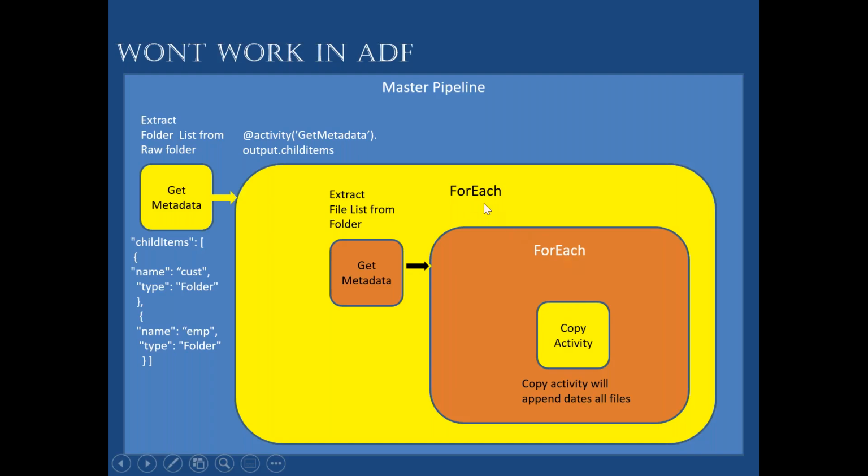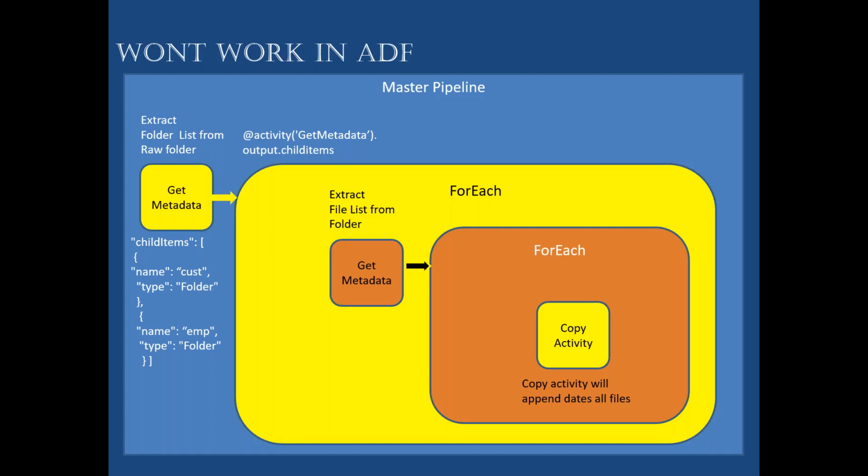One for each is there, and under that for each, if you want to use another for each, that will not work in Azure Data Factory. Now, what is the solution? How can we achieve this scenario? That is our goal for today. So first, has everybody understood what we have discussed so far, or is anybody not clear?